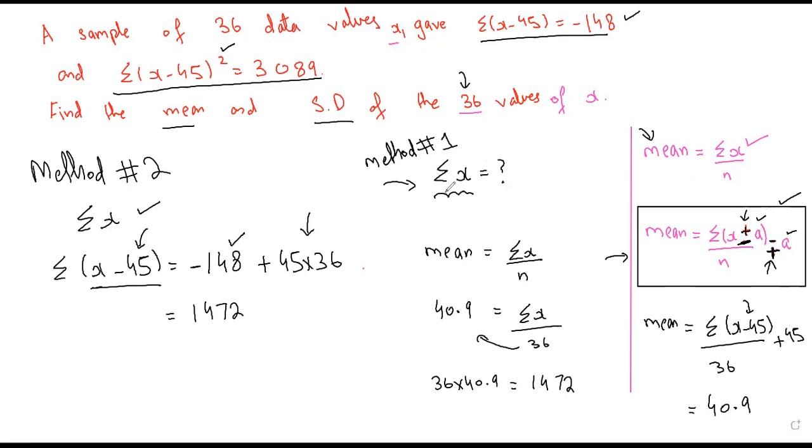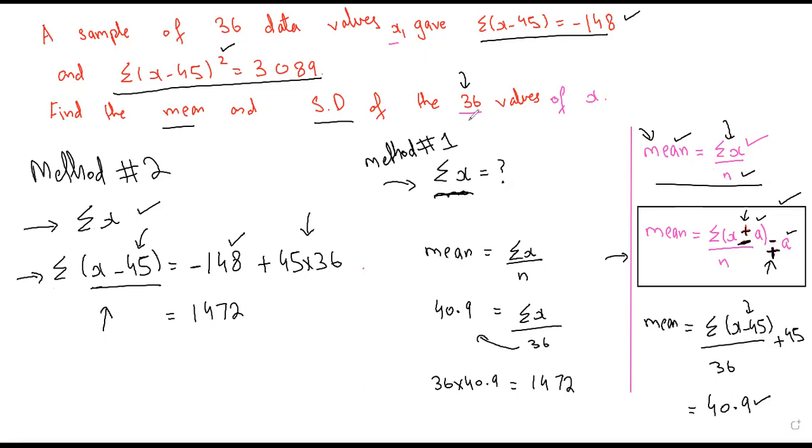Then I was telling them how to find summation x. Once you have your mean, you can use this formula right here to find summation x. You know mean, you know n, you can find summation x. But let's say you do not have mean, you were not asked to find mean, and you were directly asked to find summation x. So this is what you have: summation x minus 45. What do we understand by this?